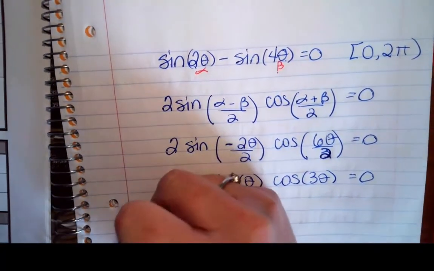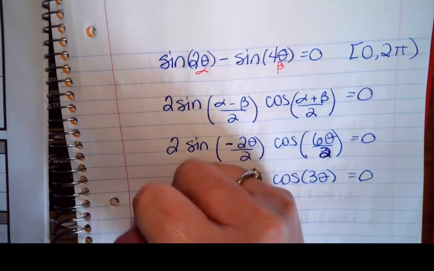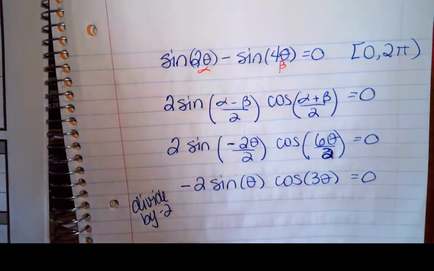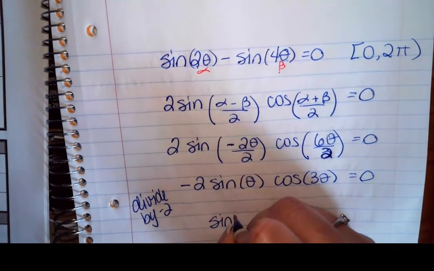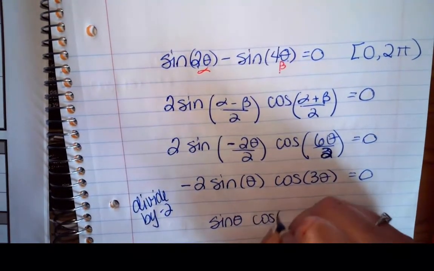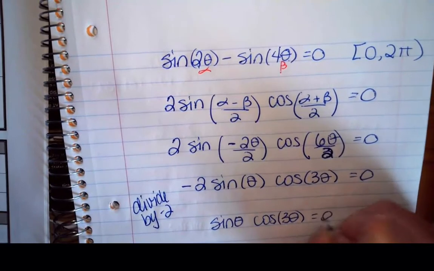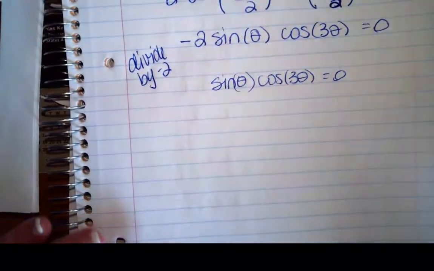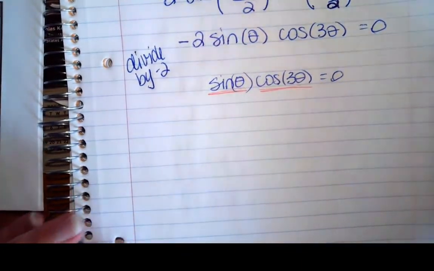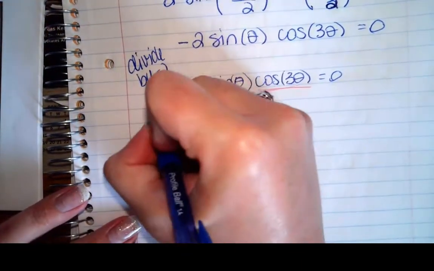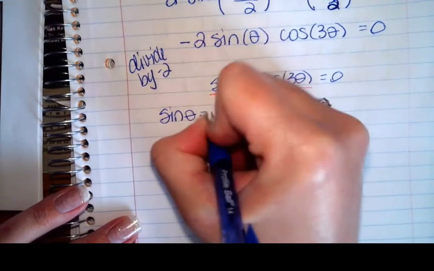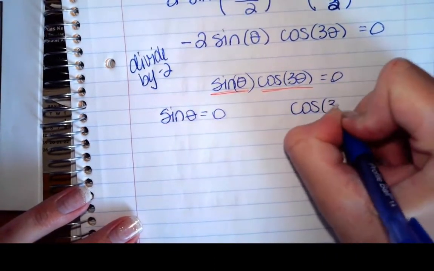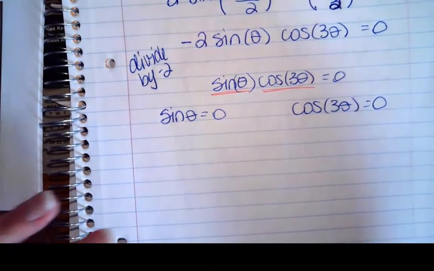So I'm going to start off by dividing everything by negative 2, which gives me sine theta times cosine 3 theta equals 0. Now I've got this factor times this factor is 0. So the sine of theta can be 0, or the cosine of 3 theta can be 0.